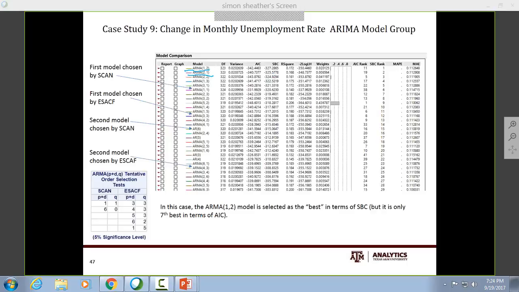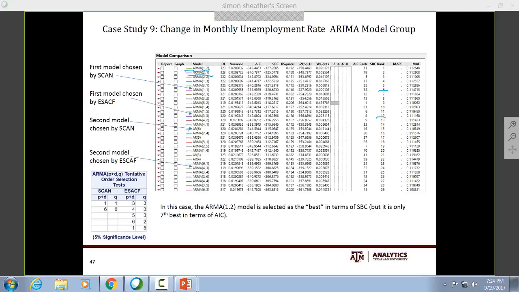So, welcome to the real world. It chose very different models. The first model chosen by SCAN was ARMA 1-1, which was ranked 6 in terms of SBC. The first model chosen by ESACF is ARMA 3-3, and that's ranked 12.